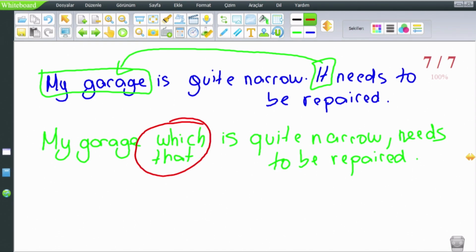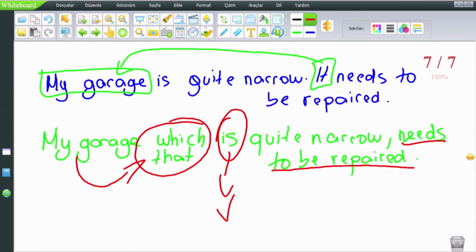So I put a relative pronoun right after what I'm defining, which is the most important thing actually when it comes to a relative clause. And then I continue with our verb, quite narrow, needs to be repaired. And then when I want to continue with the other sentence, I put the verb of that sentence and continue the rest of it.